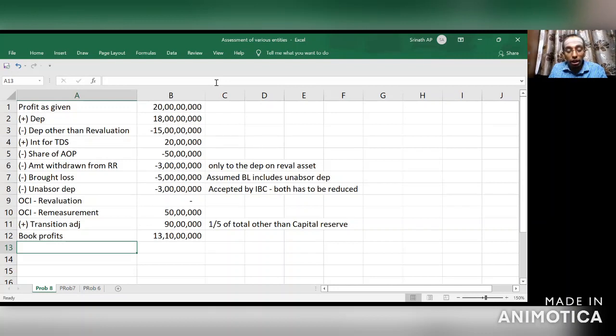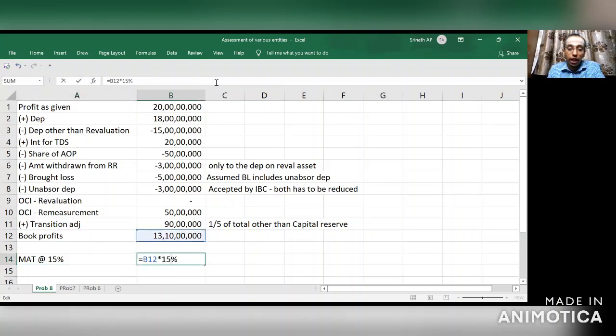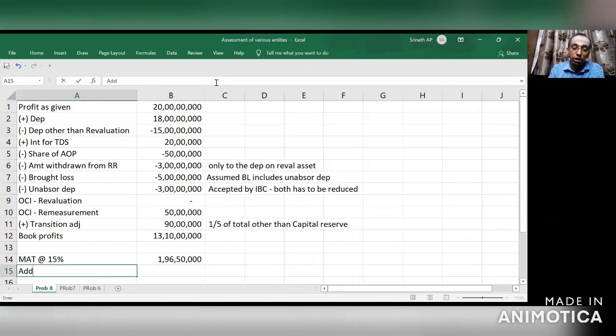Please let me know in case you have got doubts till this. MAT at the rate of 15%. 13 crore 15 lakhs multiplied by 15% will give you 1 crore 96 lakh 50,000. Add surcharge at the rate of 12%.